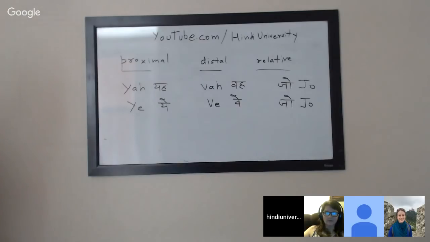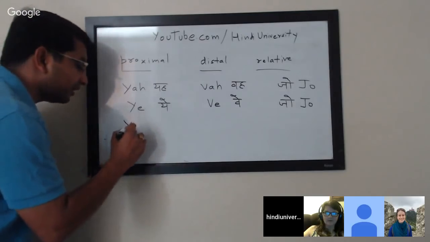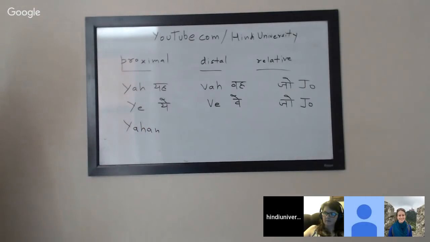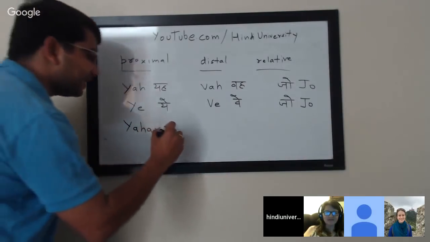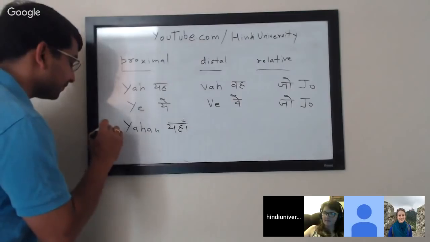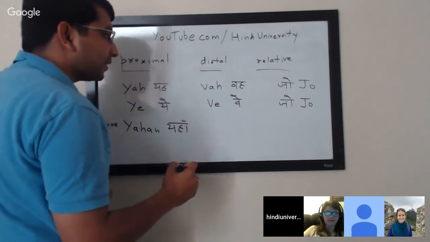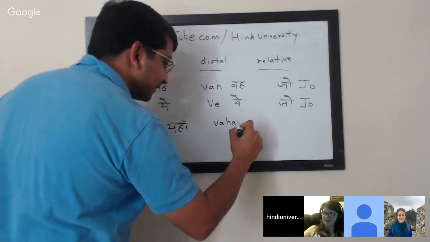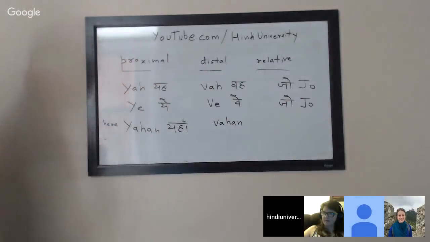Now you must have seen me use yahan. Another pronoun. You remember yahan? It's here. Yahan is nothing but here. What is the distal pronoun for that? It's wahan. Very good. Wahan is there. And what about relative? It's either jo or a variation.